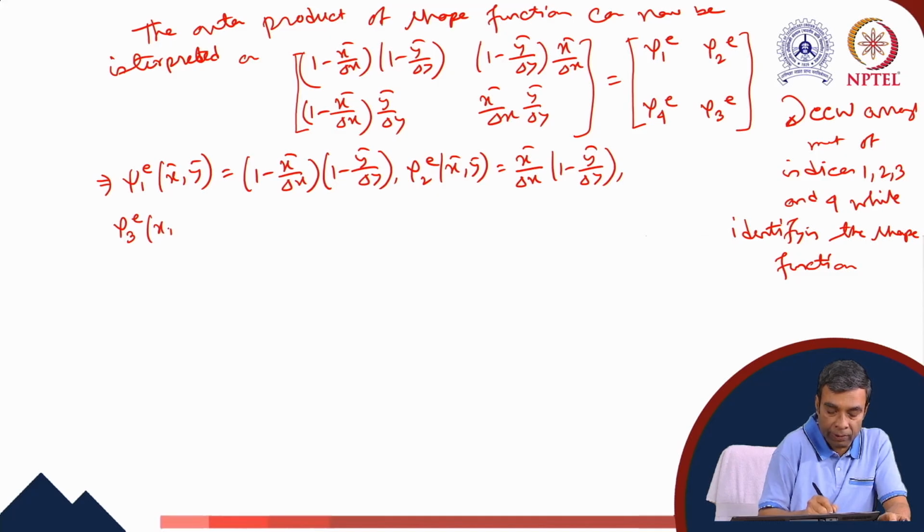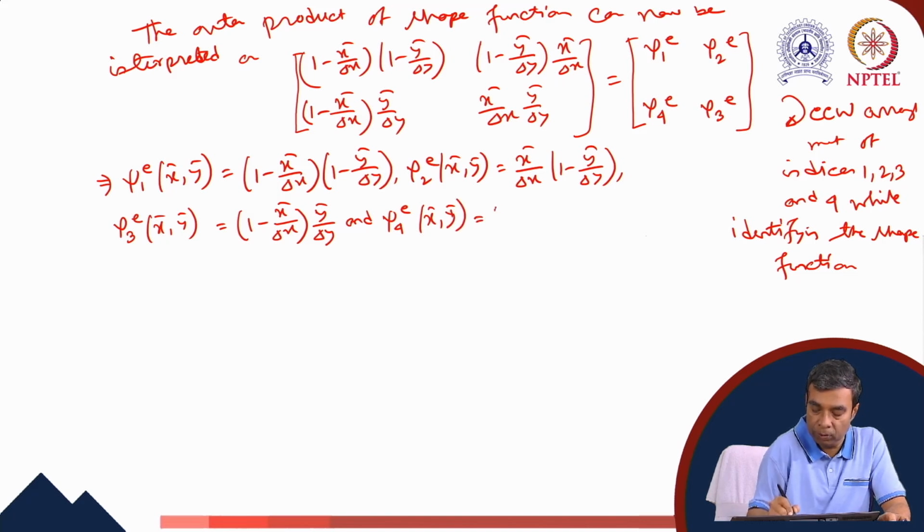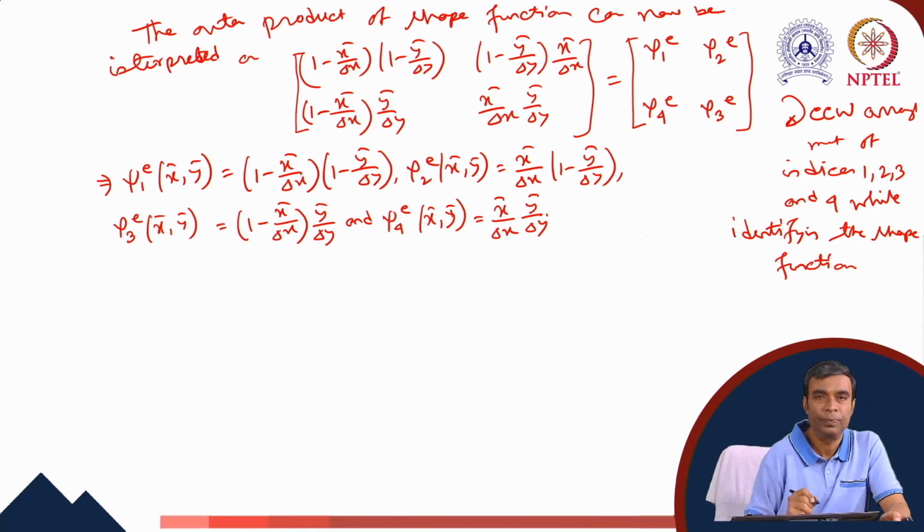Psi 3e x bar y bar equals 1 minus x bar by delta x into y bar by delta y, and finally psi 4e x bar y bar equals x bar by delta x into y bar by delta y. Now let us solve a simple problem using the local coordinate system for bilinear quadrilateral elements.